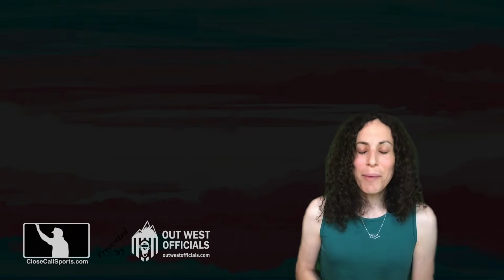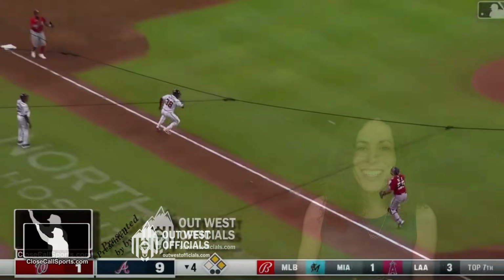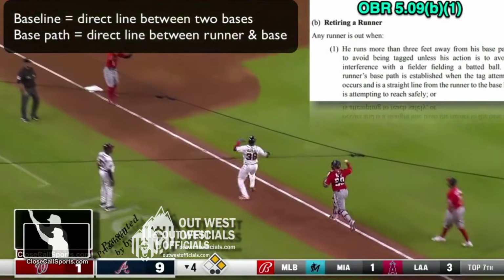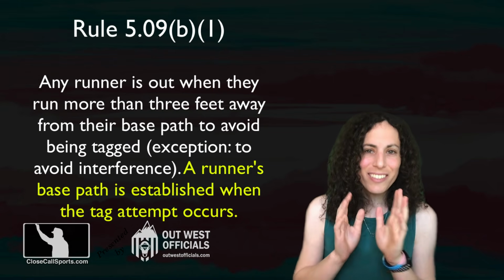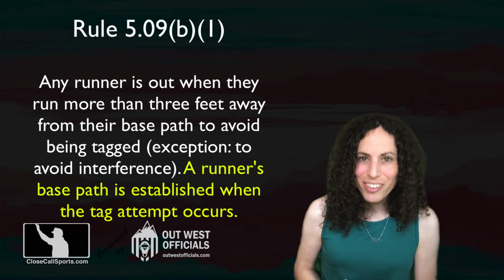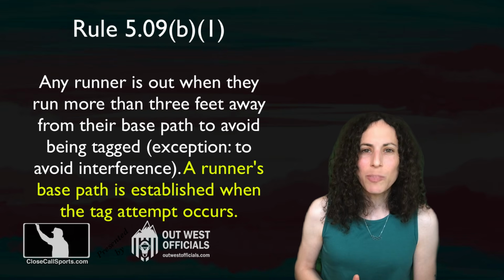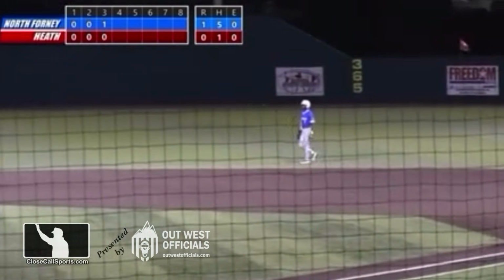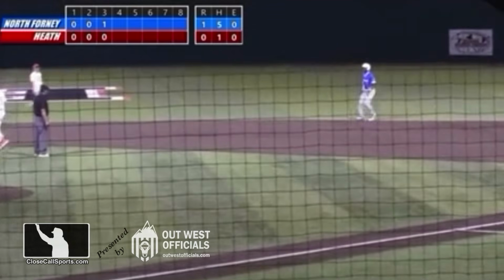Of course, this gets complicated if the runner suddenly switches direction and goes the other way back to the other base, because then the whole base path drawing exercise starts over, and you need another tag attempt to reestablish the base path to the other base, and repeat the process every time that runner changes direction.